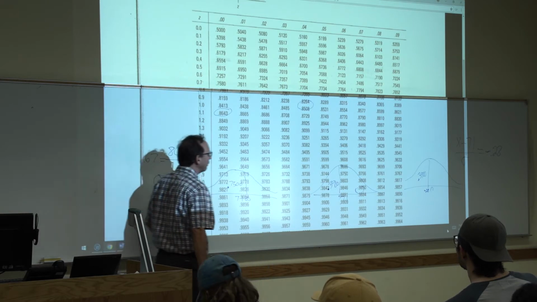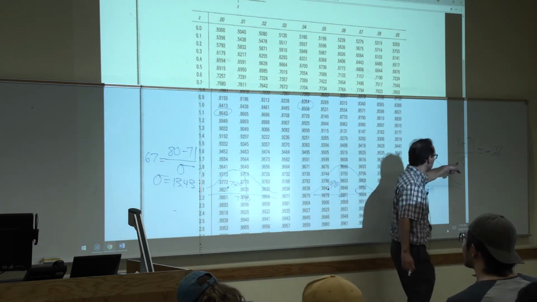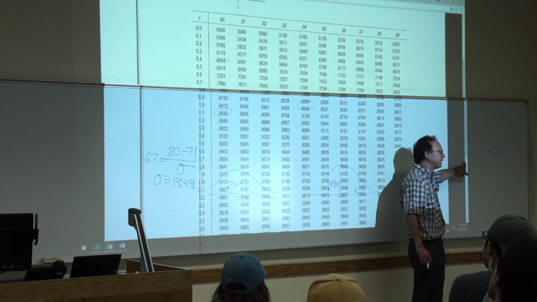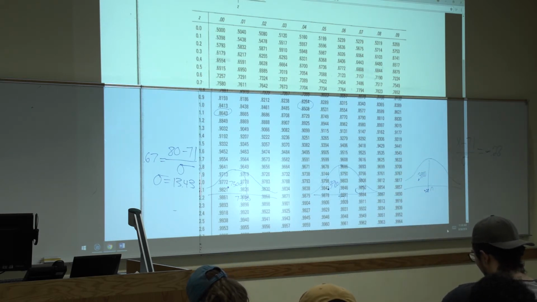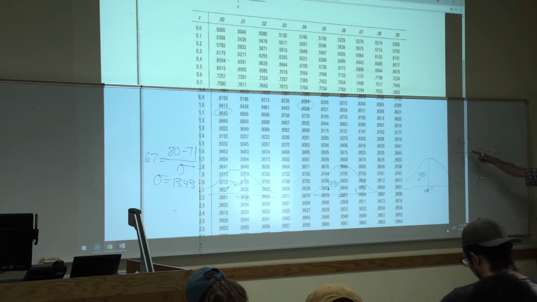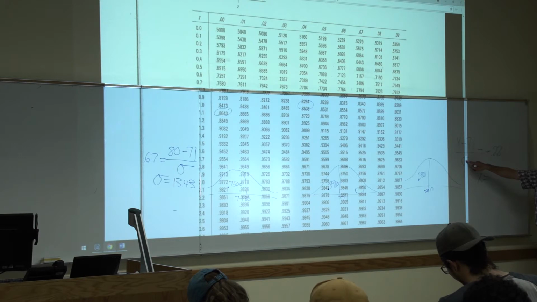13.43. And now we can come back over here and fill in the standard deviation, and then we can get our x value. So if you do that, what do you get? X is equal to, put in your standard deviation here, your 13.43, and then solve for x. And what do you get?